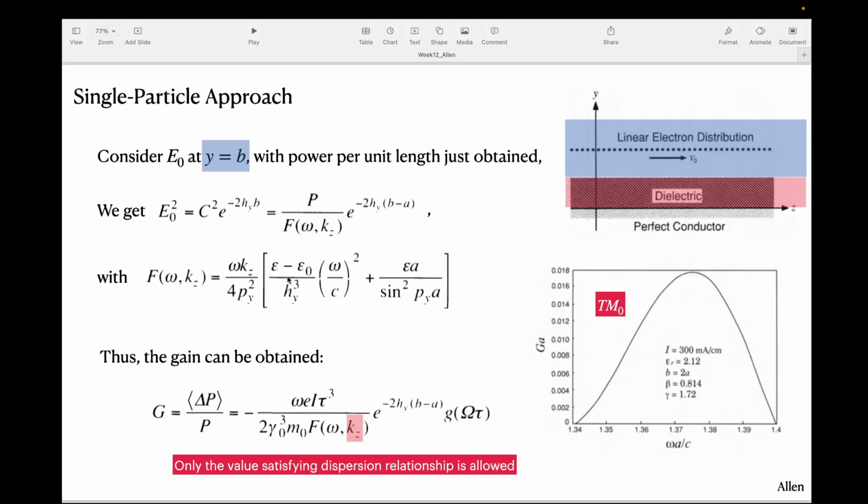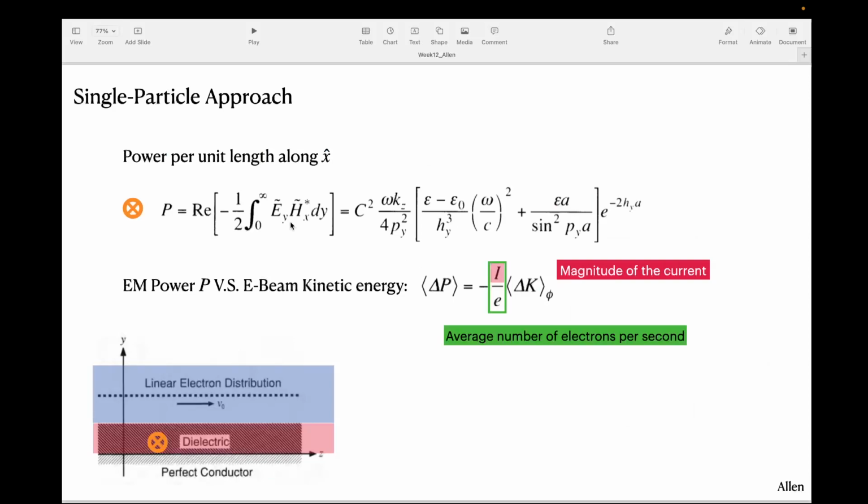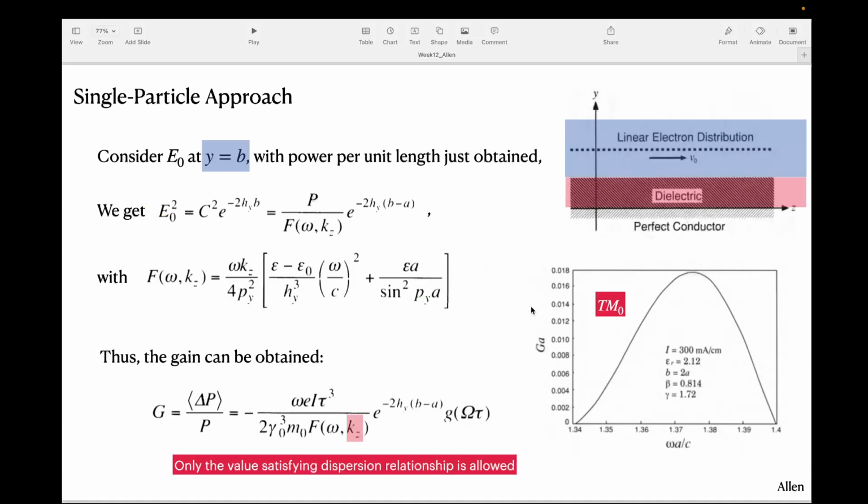And therefore now we get the P, and also we have the delta P relationship with the kinetic energy. So therefore we can obtain the gain of the EM wave, and this is our ultimate goal.